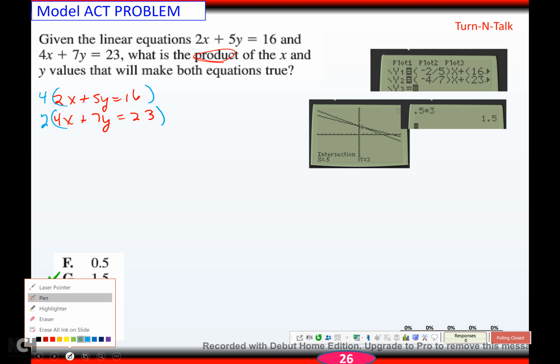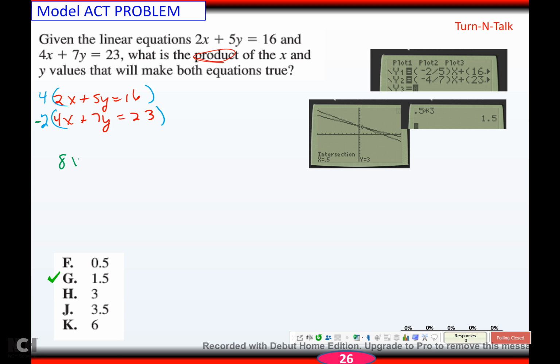I'm going to make 2 negative. So distribute on top, I get 8x plus 20y equals 64. On bottom, I have negative 8x, negative 14y equals negative 46.